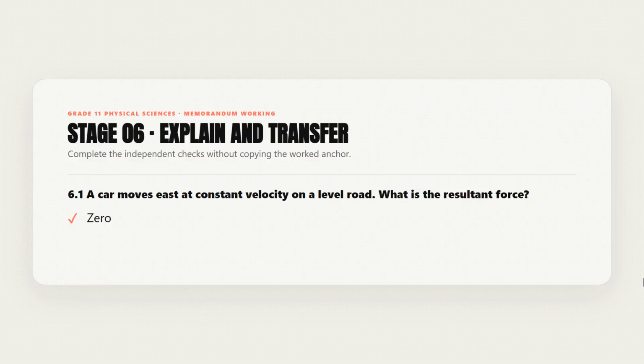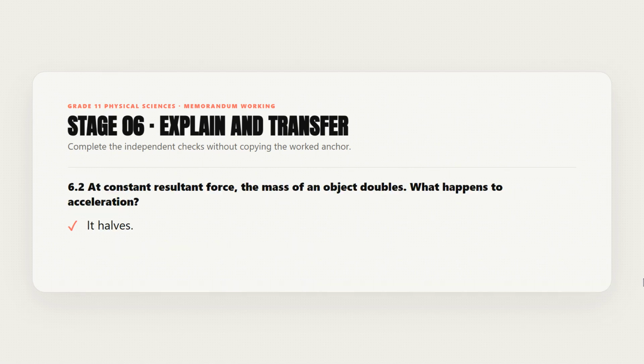Question 6.1. A car moves at constant velocity on a level road. Constant velocity means zero acceleration, and zero acceleration means the resultant force is zero. The answer is 0. Question 6.2. At constant resultant force, the mass of an object doubles.